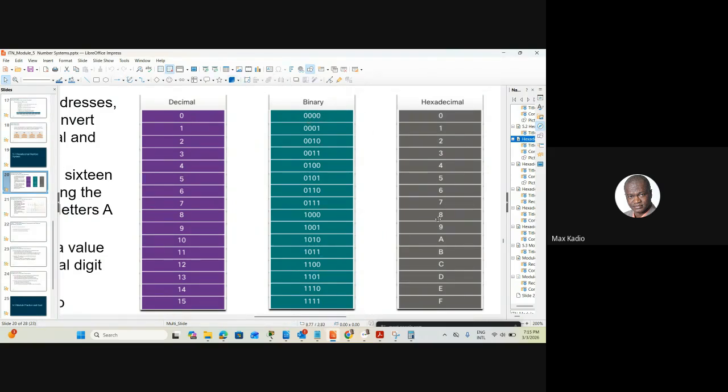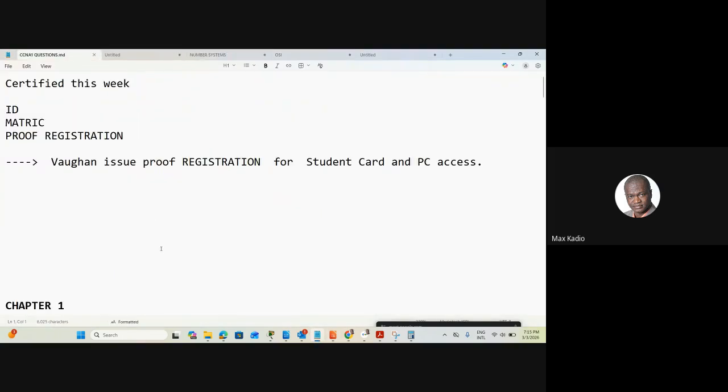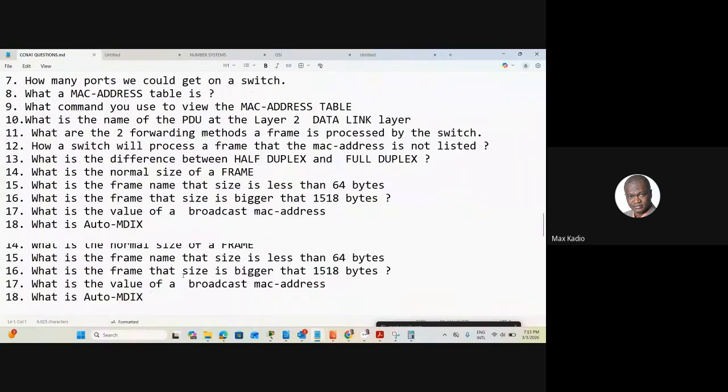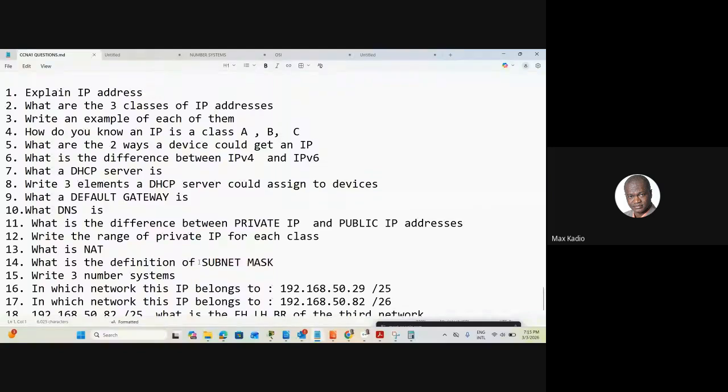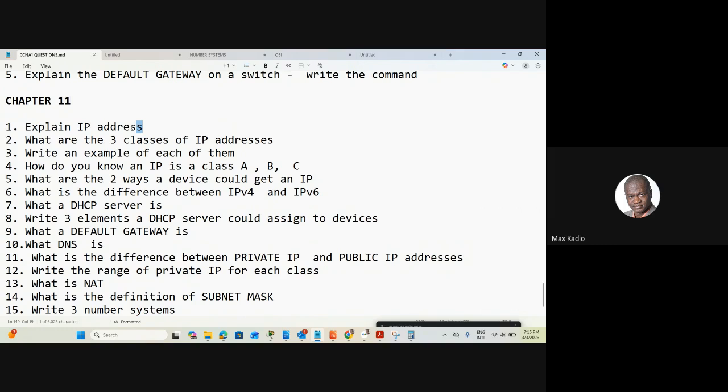So now let's come back to our chapter 11. What is the most important? Chapter 11. We did see last time what an IP address is. It's like your passport number or your South African ID, to identify you. Each device in a network should be identified to communicate, like your cell phone number. If you don't have a cell phone number, you cannot call someone and no one can call you.